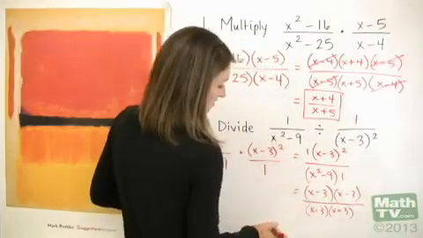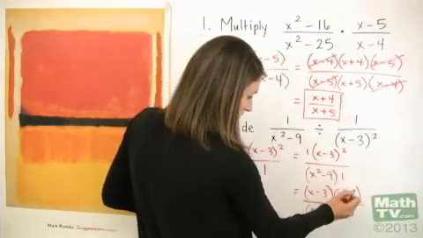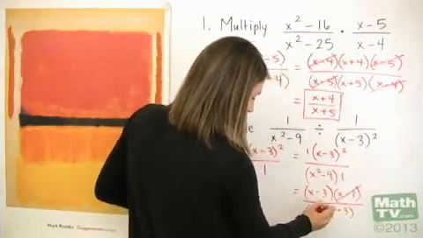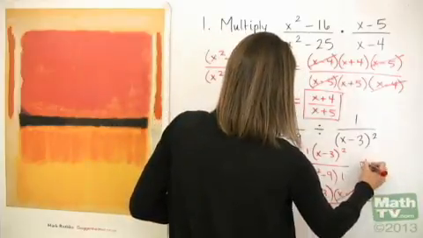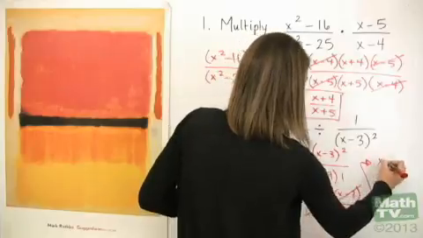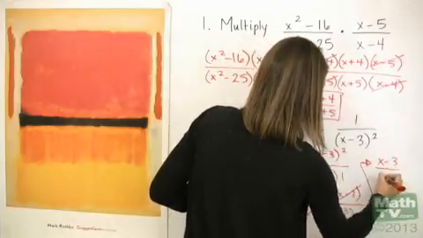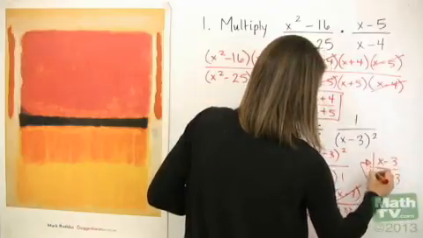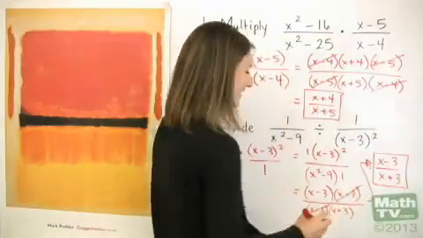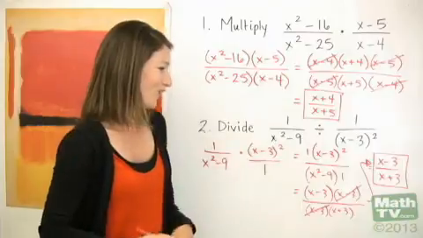And our 1s are still there. Now we just cancel what's common, so x minus 3 cancels. And our answer is x minus 3 over x plus 3. So here's our answer for our division problem.